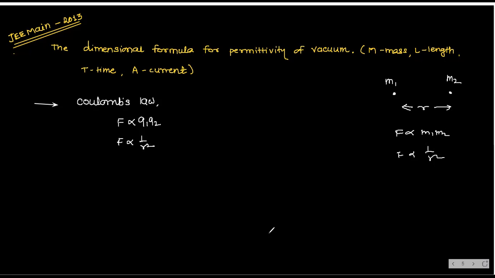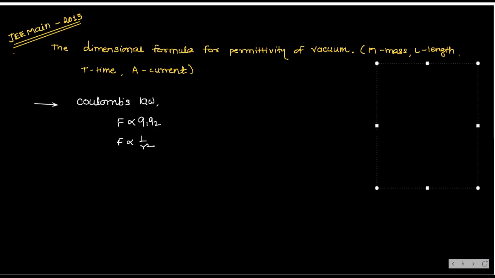So same like that, there is another law, but instead of masses you are having charges. Here it may be a force of attraction or repulsion, whereas in masses there is always a force of attraction only. So here it may be attraction or repulsion in Coulomb's law. So here you see, these charges Q1 and Q2 are placed in a vacuum, and these two charges are separated by distance r.